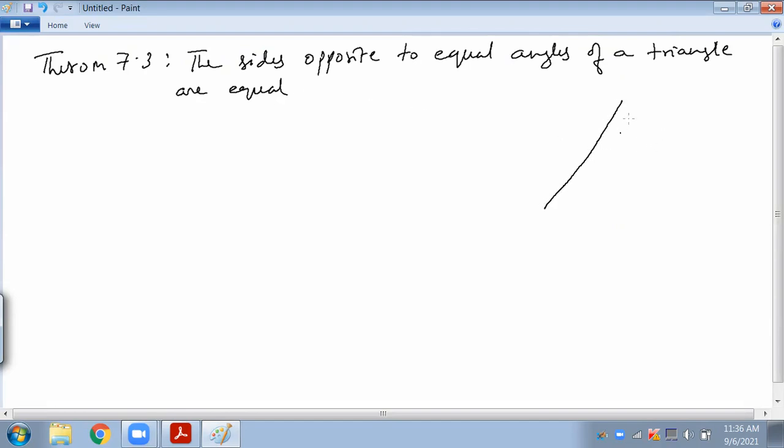Okay, so what does it mean? If we have a triangle, and if two angles of the triangle are equal, then we can take the sides that are opposite to them equal. So if angle B and C are equal, we can take AB and AC equal.